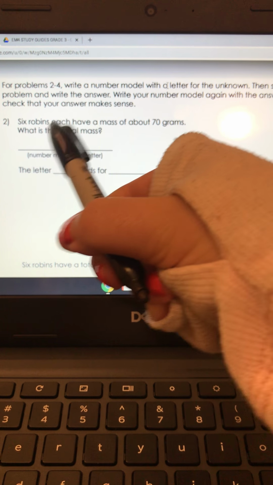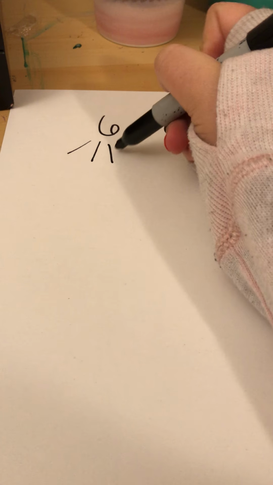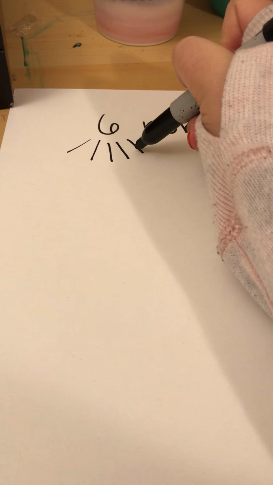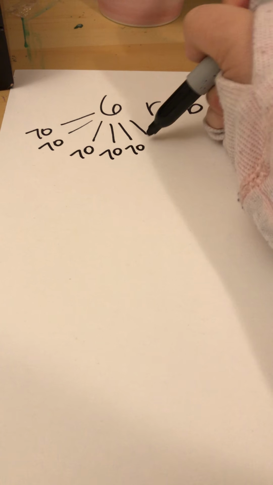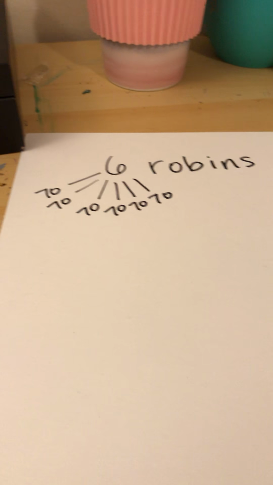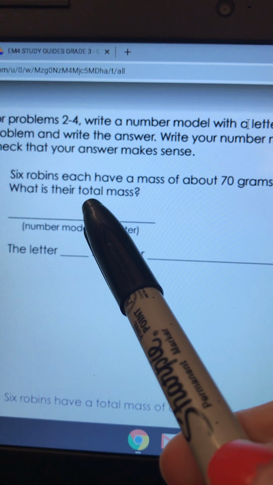So it says 6 robins each have a mass of about 70 grams. So I have 6 robins, and they each, 1, 2, 3, 4, 5, 6, they each weigh 70 grams. I'm going to show that. What is their total mass?